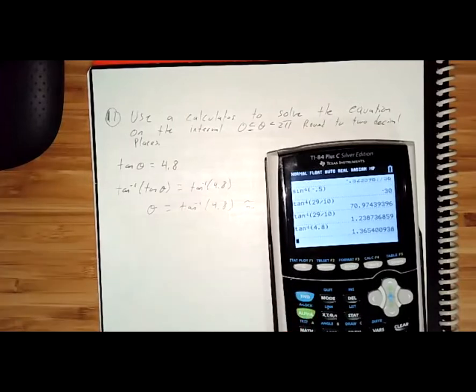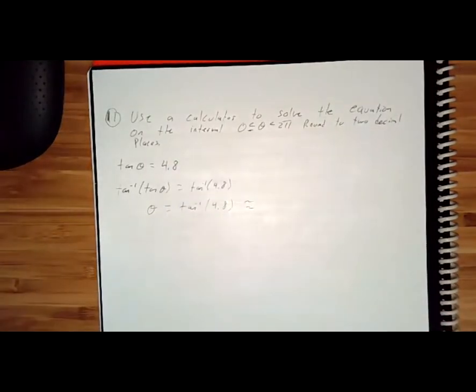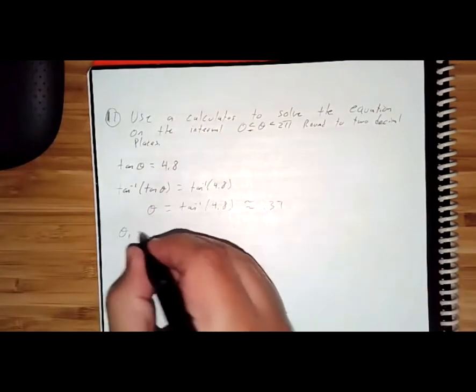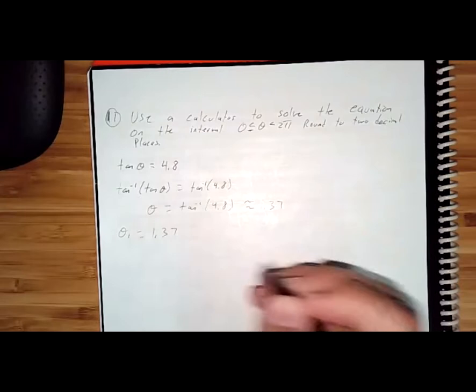So it appears that it's going to be 1.37, I guess. So the first theta is 1.37.